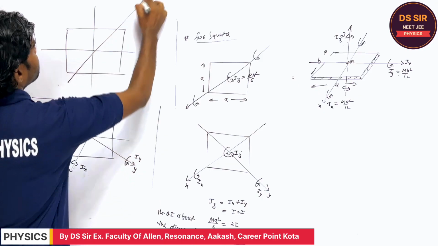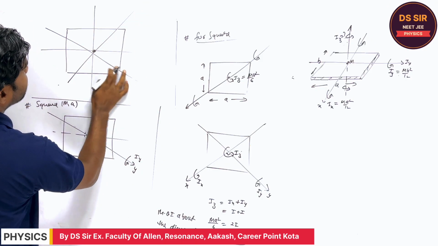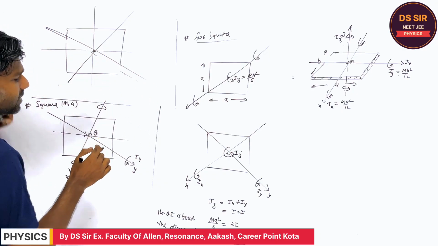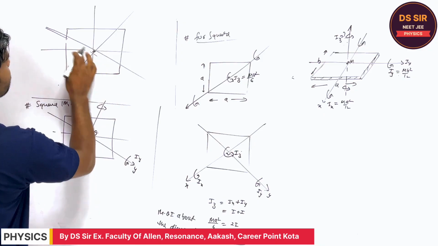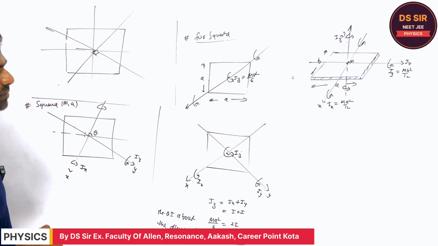If this is the theta, this is the axis, and this is the other axis, right? Are these axes similar or not? You tell. Tell me. They are perpendicular. Getting or not?